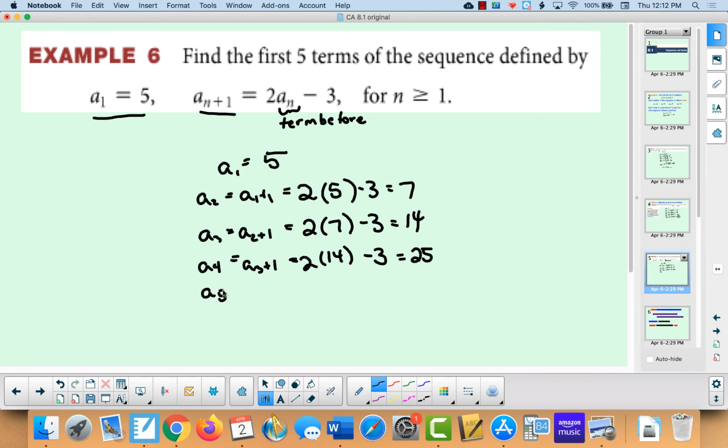A sub 5 is a sub 4 plus 1. A sub 4 is 25 minus 3. So that's 50 minus 3 is 47. So those are our first 5 terms of the sequence: 5, 7, 14, 25, and 47.